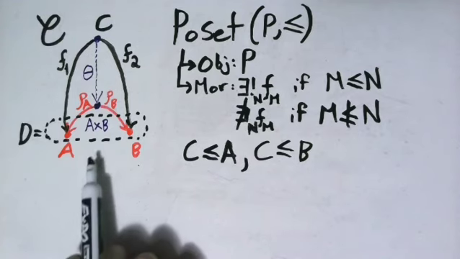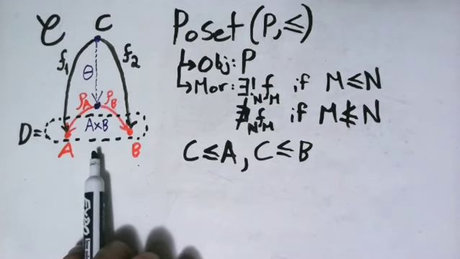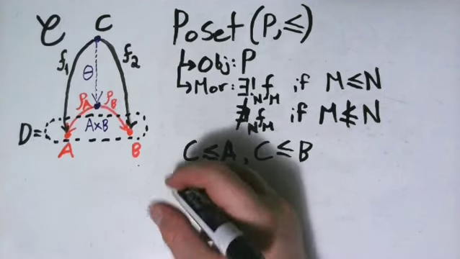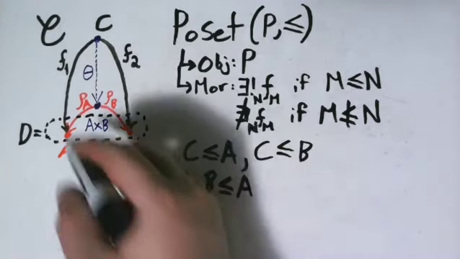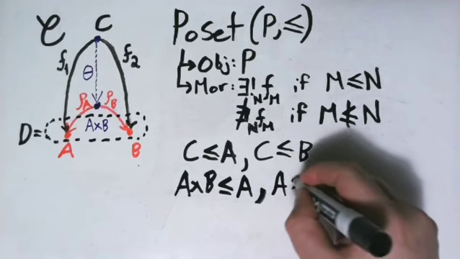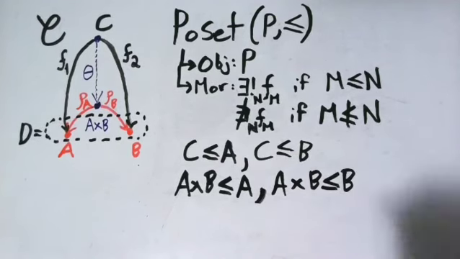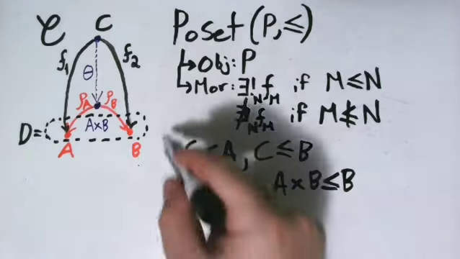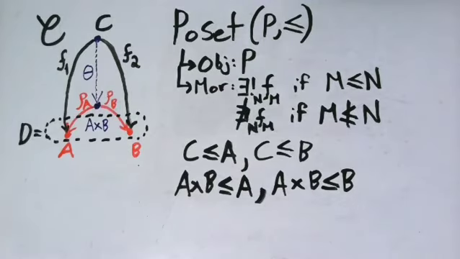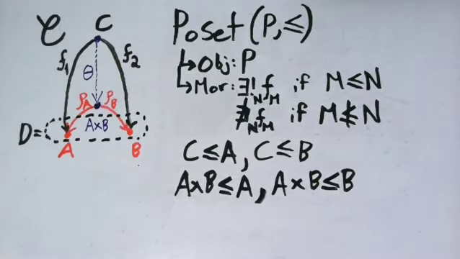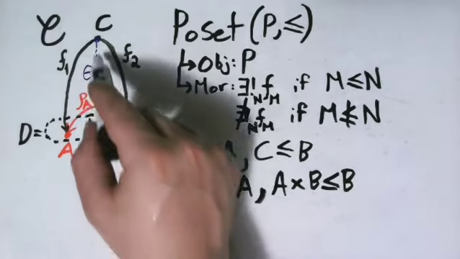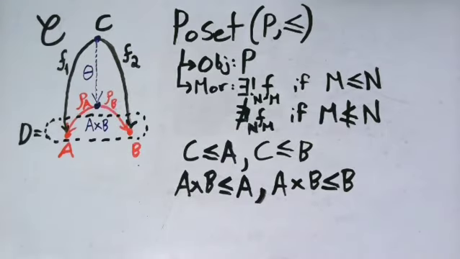And so in this case, if we found a product which was a terminal cone, then it would mean that A cross B would have to be less than or equal to A in the same way, and A cross B would have to be less than or equal to B. But not only that, in order for it to be a terminal cone, we need to have that anytime there's another cone over A and B, there's a unique morphism going from C into our product A cross B.